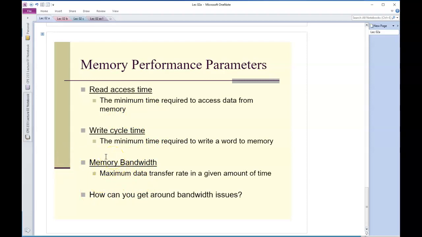For any given memory, you can only get so much data into it and out of it over a given time. So this is a rate, the amount of data per unit time. It's not the amount of data itself. The bandwidth is a rate measurement. This is actually super important.